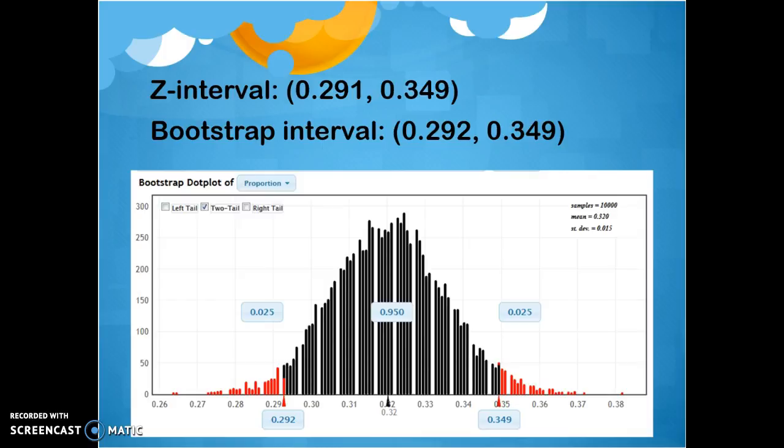If we were to bootstrap this to find the confidence interval and simulate our repeated proportions from our samples, we'd get about the same thing. And this is a great proof of concept right here. We can use our Z interval to make the confidence interval using the assumption from the central limit theorem, or we can bootstrap and get basically the same darn thing.